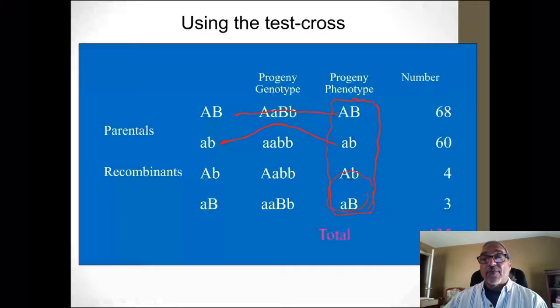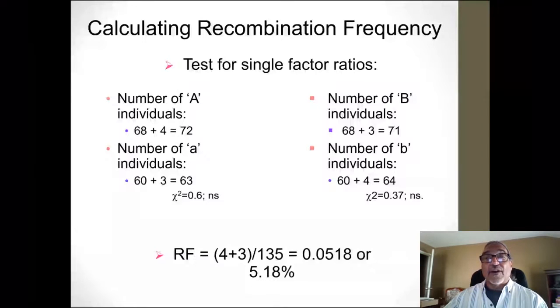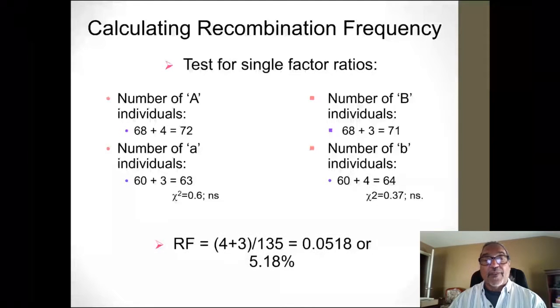Our total number of offspring is 135, and we are in a position now to calculate our recombination frequency. In this case, 7 divided by 135 is 0.05, or a little over 5%. So we have 5% recombination frequency.